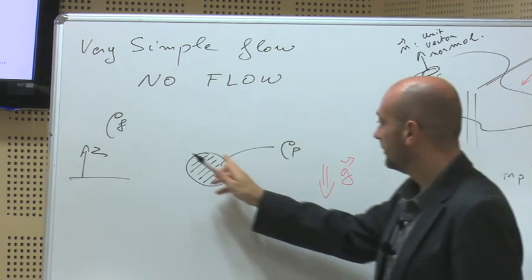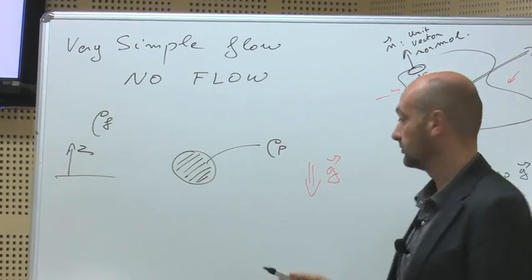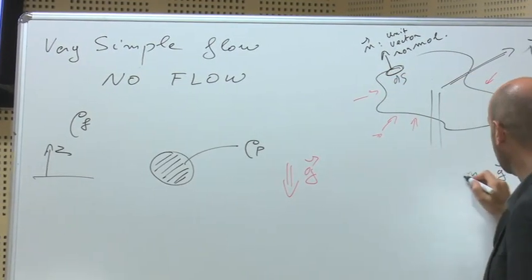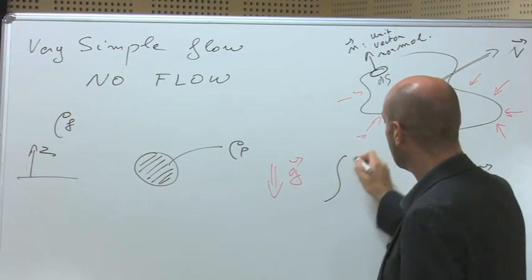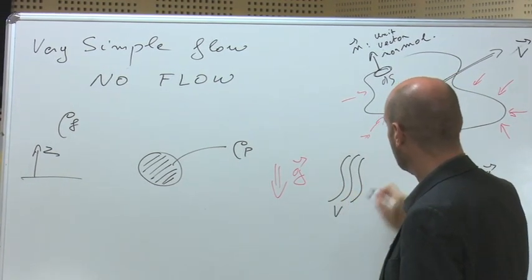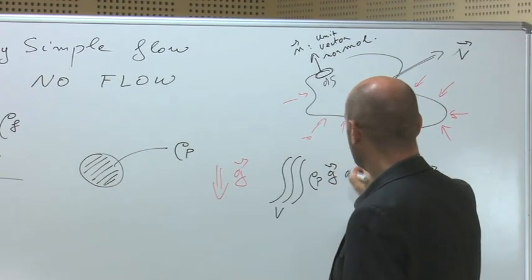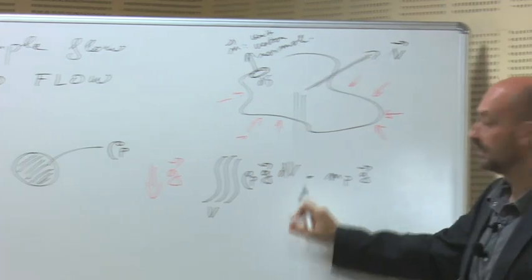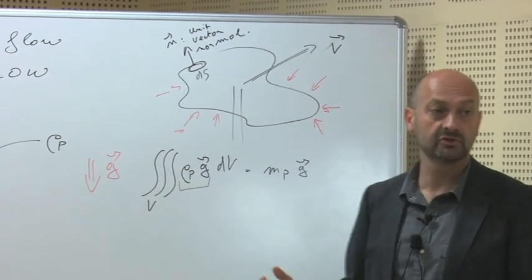So the first force which is acting on that particle is its weight, of course. Okay, so this is what is written here, m_p g. This is the integral over the volume of rho p g dV, because g is constant.